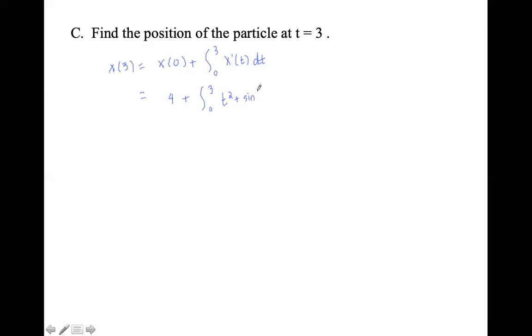And again, this is a calculator problem, and you'd find that out in a hurry if you tried to find the antiderivative of this. So if I calculate that, I have 4 plus this integral, which works out to be about 9.77356, or about 13.774.